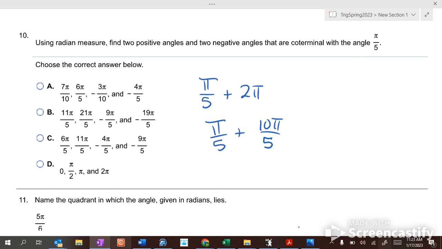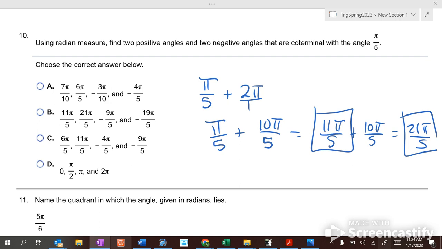Because I have to multiply the top and bottom of this fraction by 5 over 5. So 10 over 5 is 2. So if we add these together, we get 11 pi over 5. If we add another 10 pi over 5 to that, we get 21 pi over 5. So there's an answer. Well, this is the one with those answers in it.